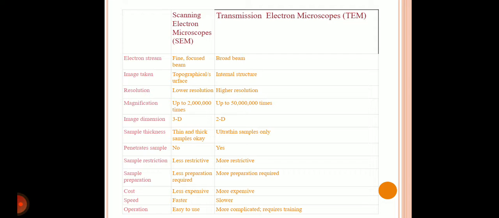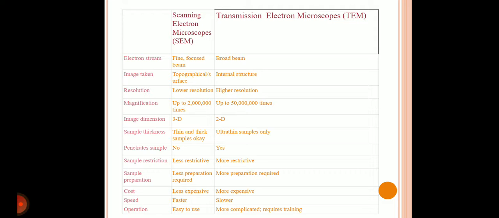In SEM, it is the topographical surface, and in TEM, it is the internal structure. Resolution. SEM has lower resolution and TEM has higher resolution. Magnification. In a scanning electron microscope it is up to 2 million times, and in TEM it is up to 50 billion times.